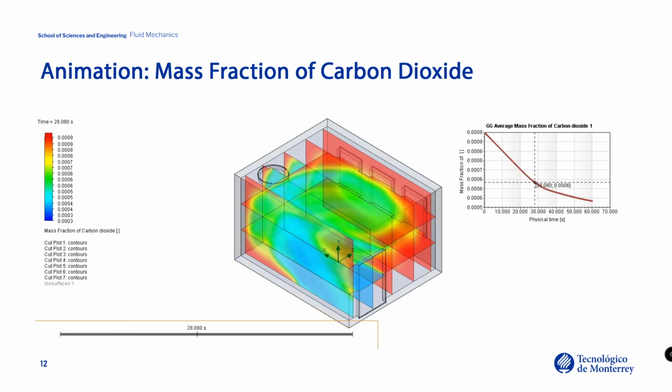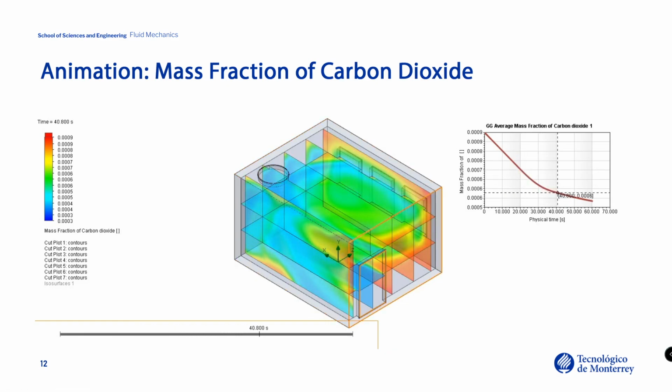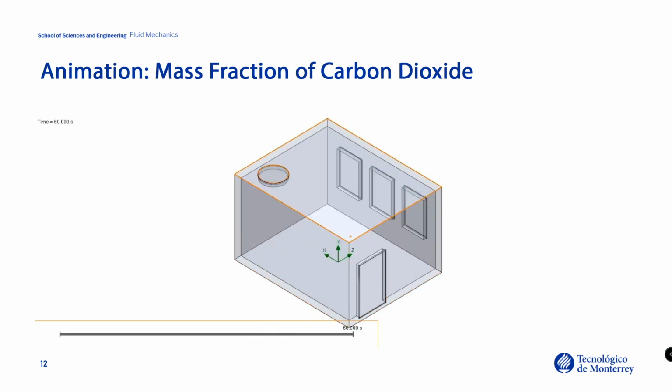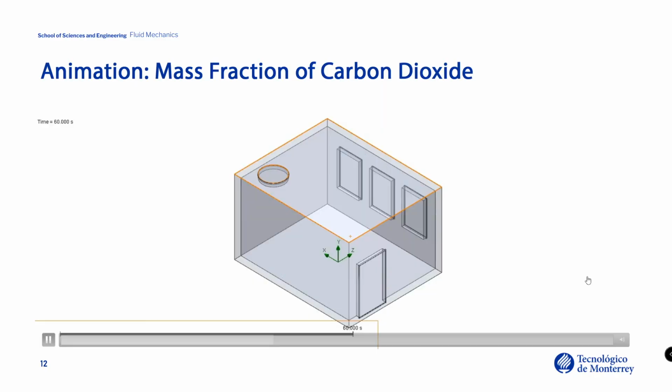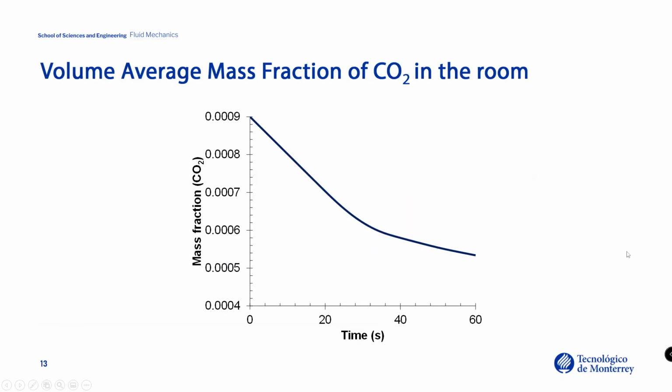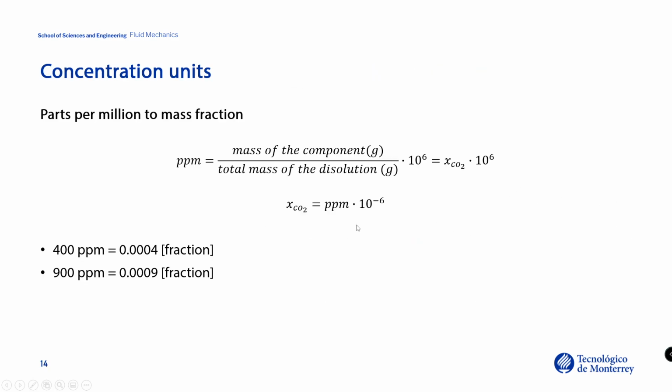And in the plot you can see how the mass fraction of CO2 is changing in time also. This is the same plot, and these are the conversions from parts per million to mass fraction.